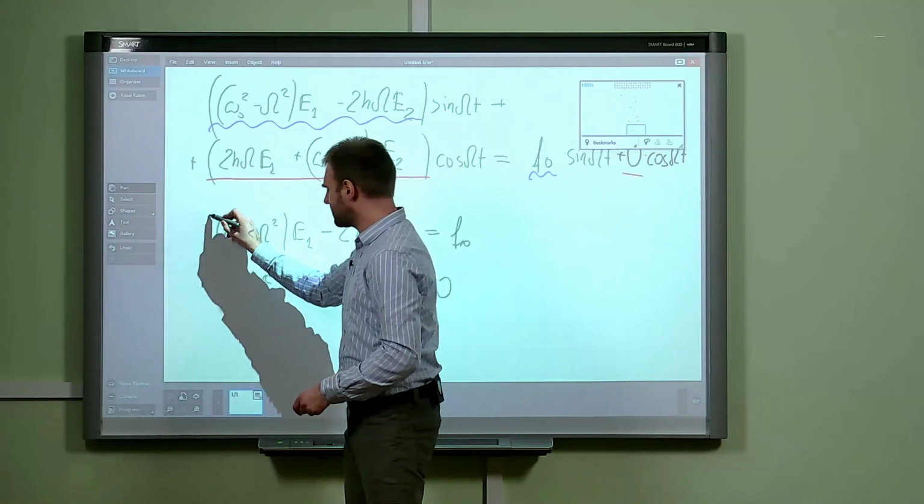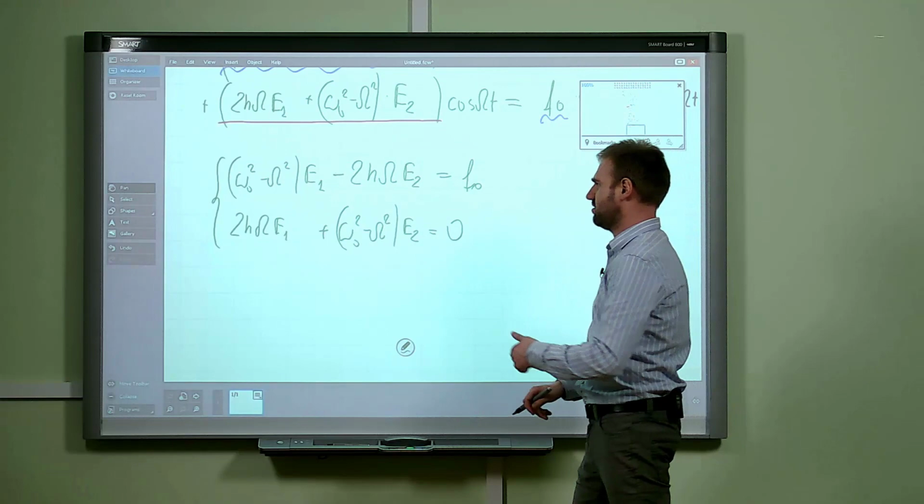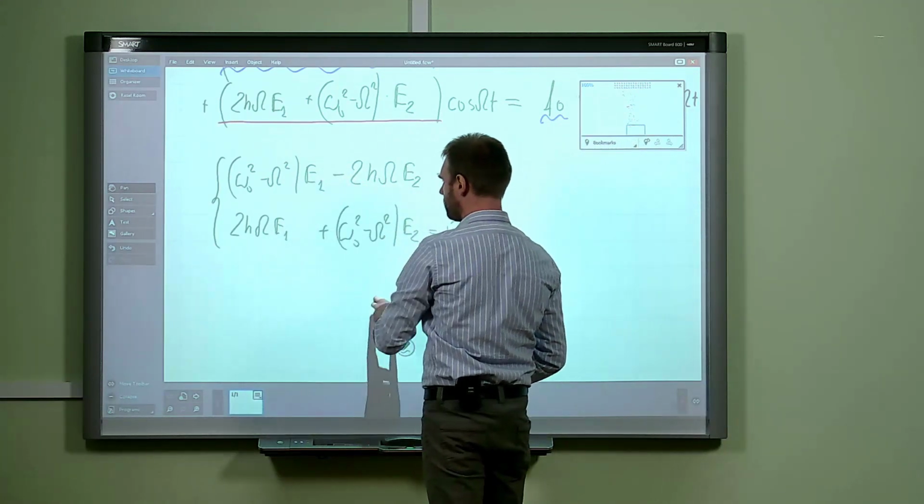And it is the linear system of equations which gives us the unknown parameters E1, E2. How to solve it?